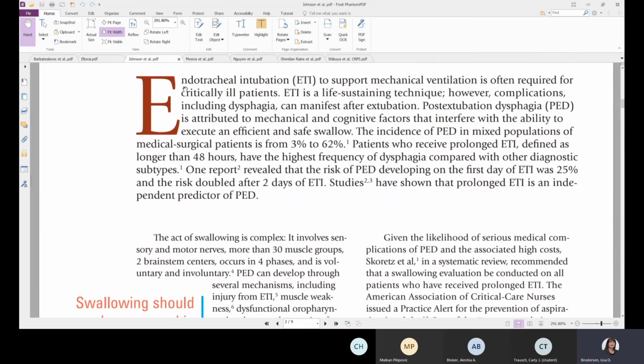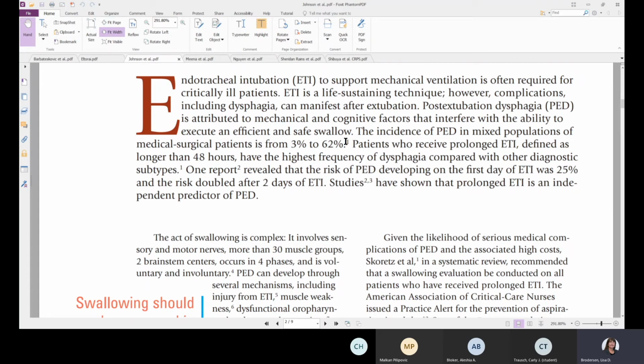Okay, so they start out with the notion of endotracheal intubation to support mechanical ventilation, that it's frequently used in critically ill patients, and why it's used, but they note that it has complications. Those complications happen to include dysphagia, and then they explain the cause of this dysphagia or the possible reason for it.